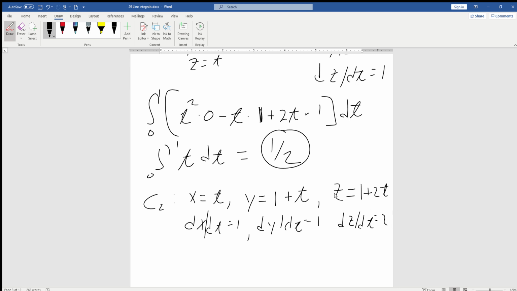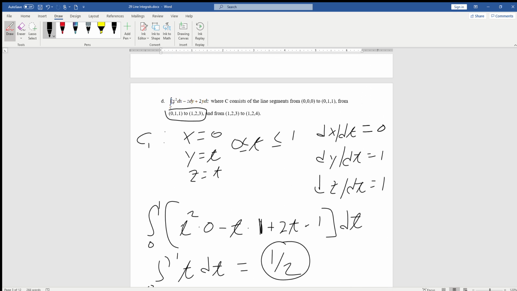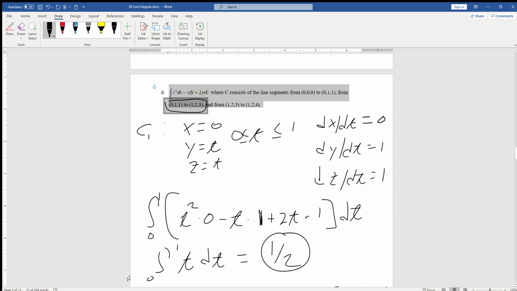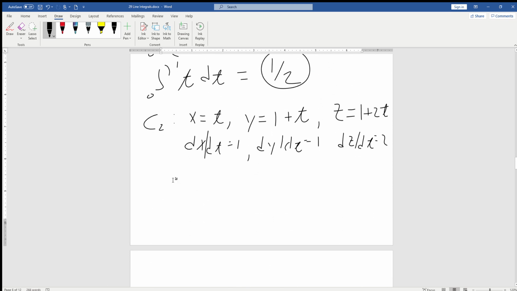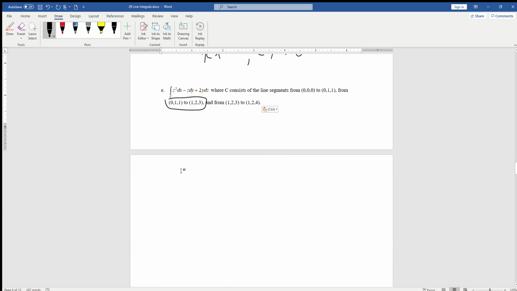We're going to substitute, and I'm just going to copy this down. So the integral for C2, excuse me, it's not C2 itself, from 0 to 1.